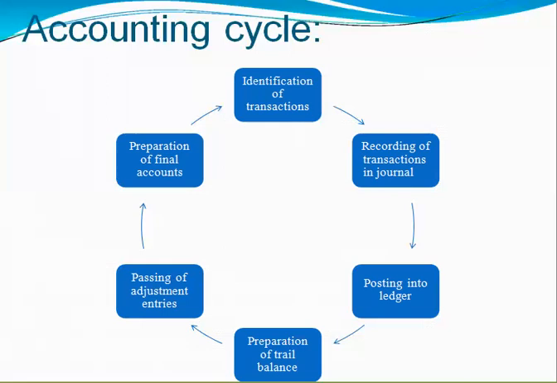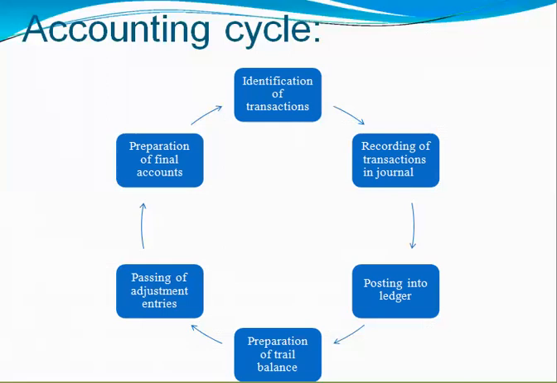And then we prepare our final accounts. Final accounts include the trading account, profit and loss account, and balance sheet. The trading account gives us gross profit or gross loss.